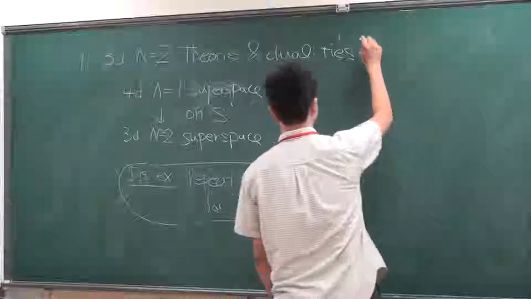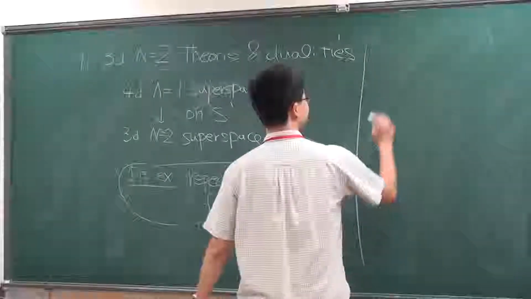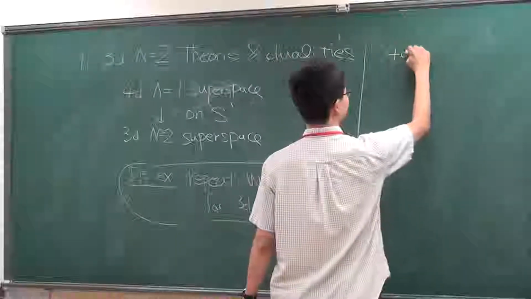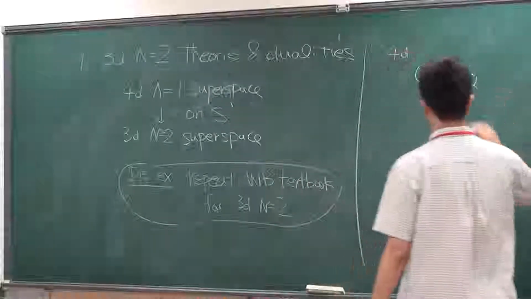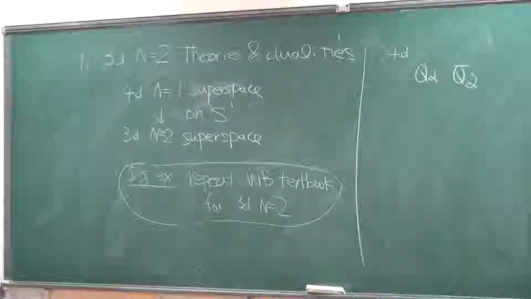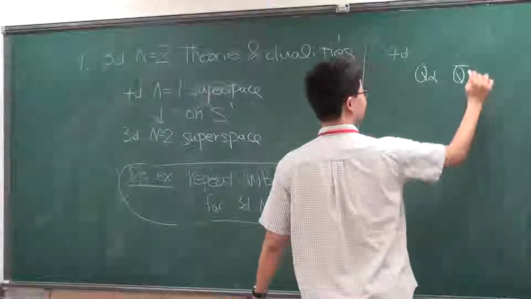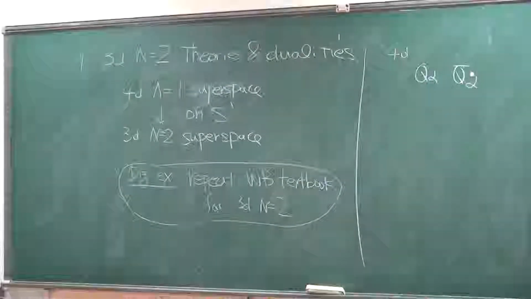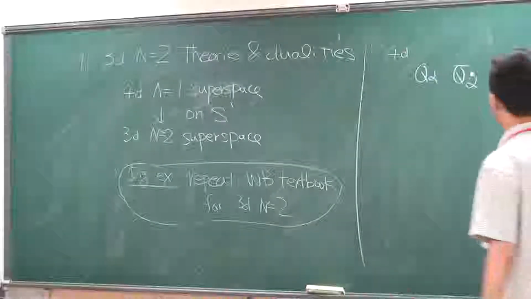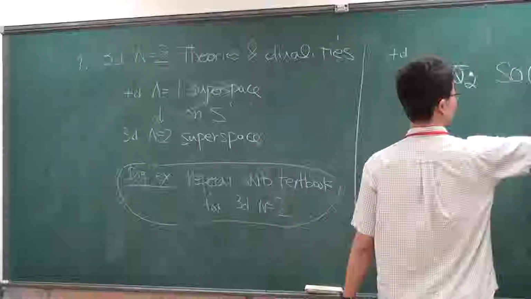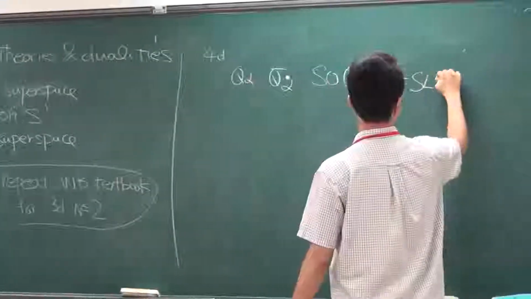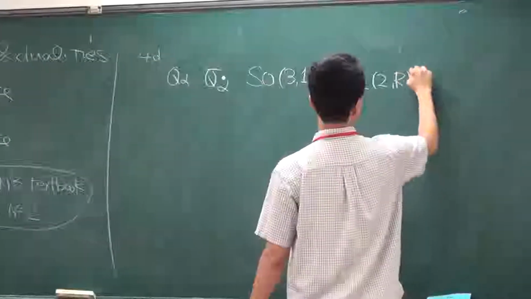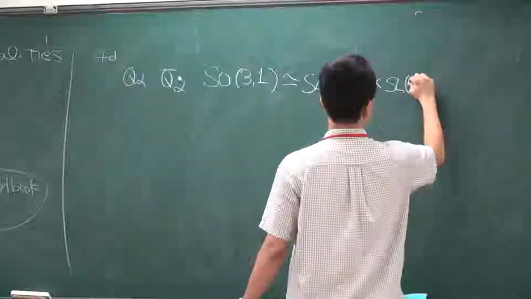Now, let's start with the fermions. In 4 dimensions, we have Q alpha and Q alpha dot, for example. And then we have this annoying alpha and alpha dot. The reason that we have the dot is that we have the symmetry SO(3,1), which is locally SL(2,R) times SL(2,R).